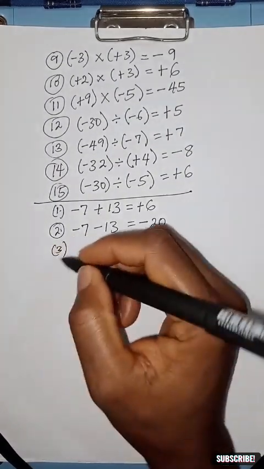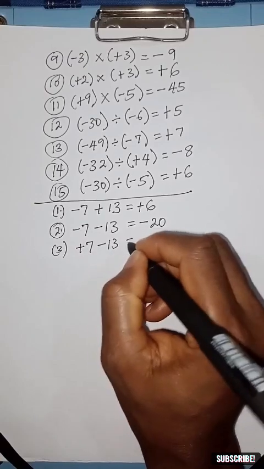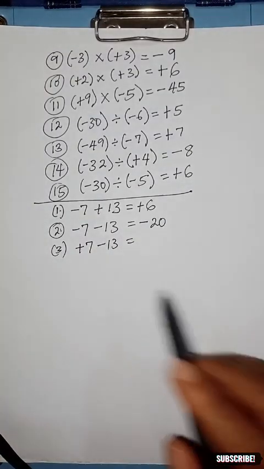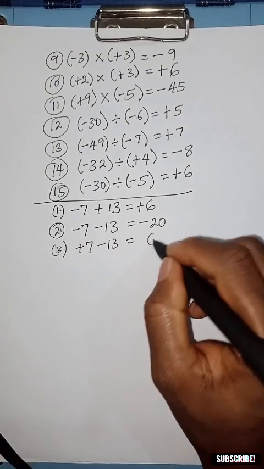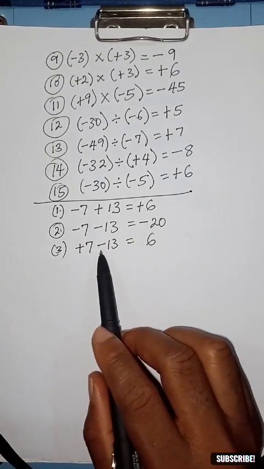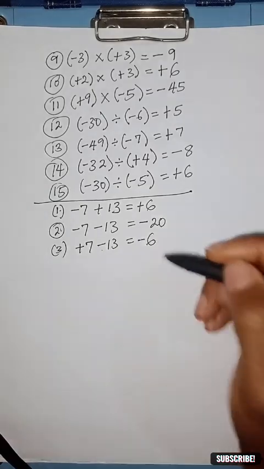Number 3, plus 7 minus 13. This is the same thing as 13 minus 7, and that's 6. But you're going to choose the sign of the bigger number and attach it to the answer or result.